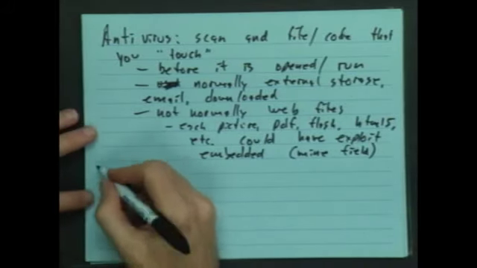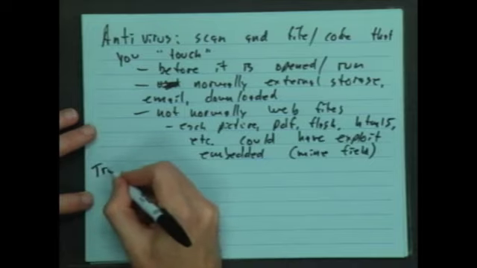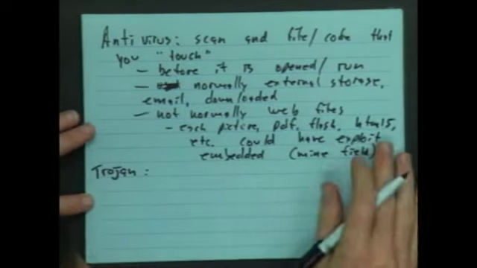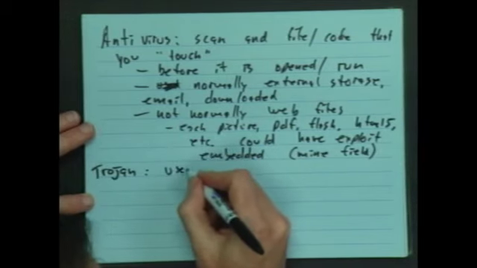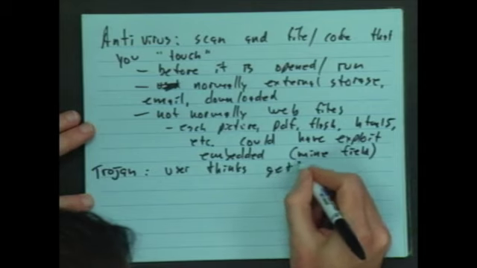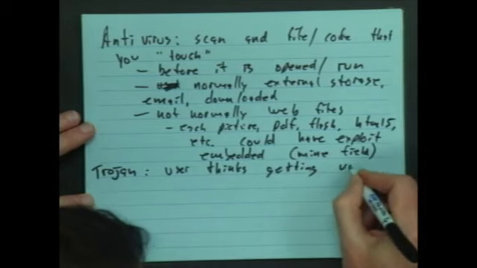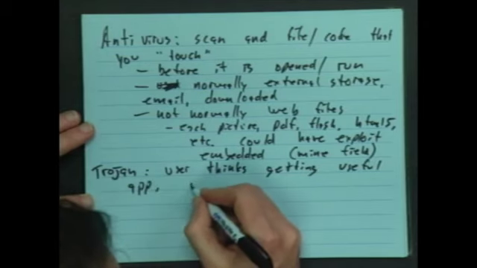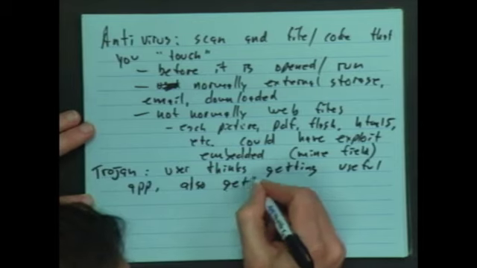All right? So next up, we've got a Trojan horse. Usually people just call it a Trojan. This is when the user thinks they're getting something useful, but usually they're also getting something else.